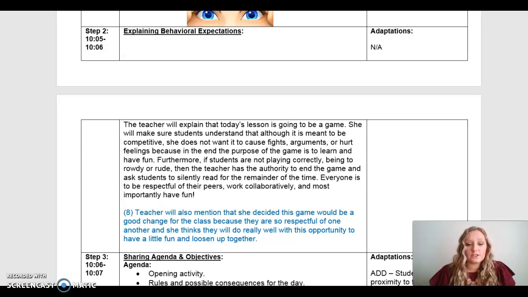So I said the teacher will also mention that she decided this game would be a good change for the class because they're so respectful of one another, and she thinks they will do really well with the opportunity to have a little fun and loosen up. So this is showing that I respect them as students. They've done a really good job for me, and it builds up their confidence and their self-esteem. I think that's a really good way to have that mutual respect between each other, recognizing how well they've been, so then they feel respected and loved and appreciated.